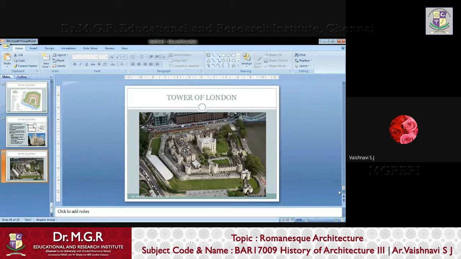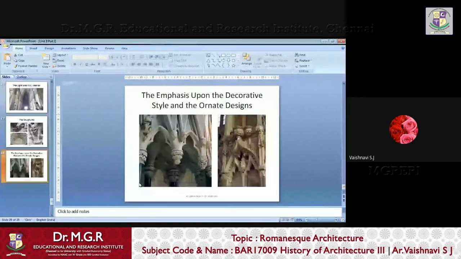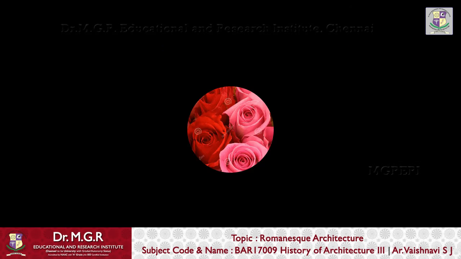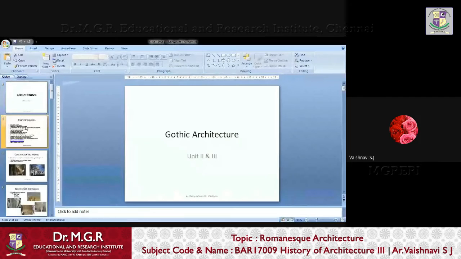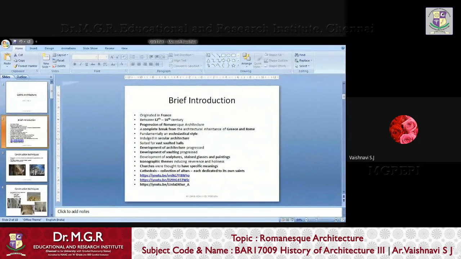Till that, we saw about Romanesque architecture in the last class, and we'll see about Gothic architecture. We saw major differences in Romanesque and Gothic in the last class in the video. So in this, I will also show you a video which says about Gothic architecture. We'll see a brief introduction about it. So the Gothic architecture actually originated in France in the 12th to 16th century.